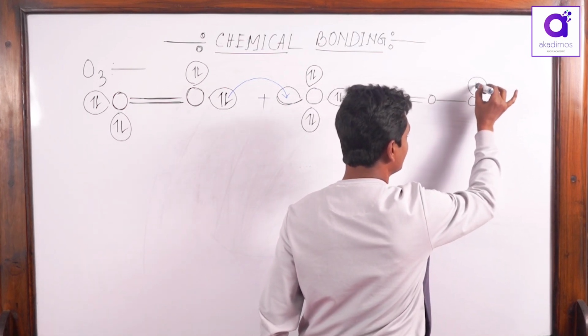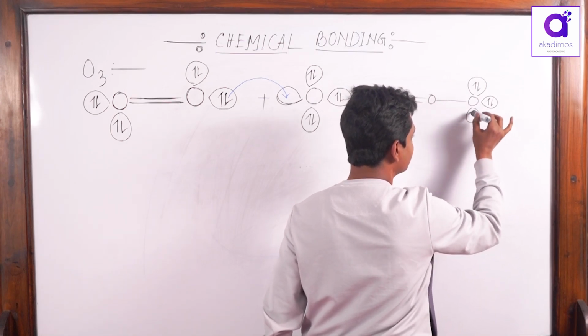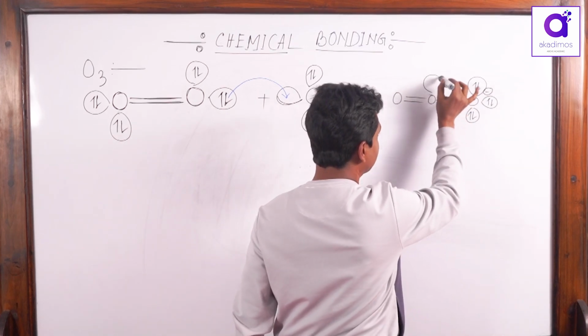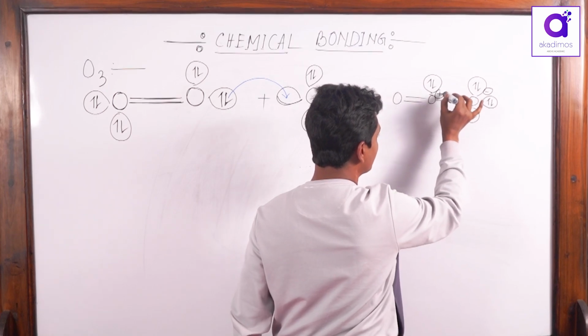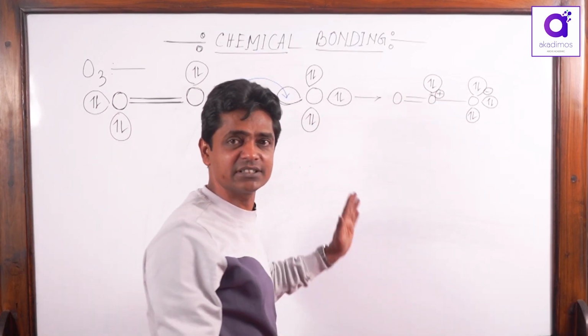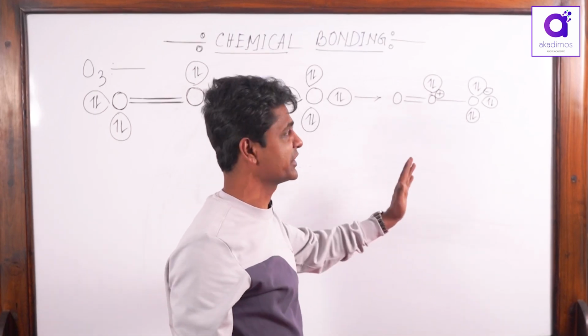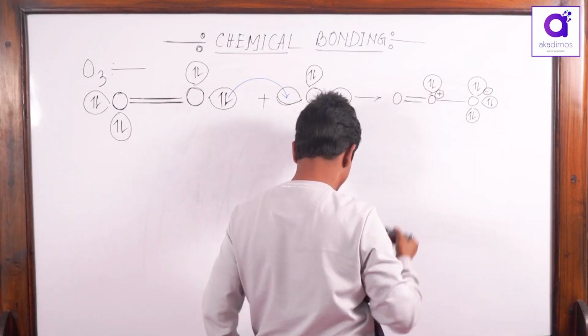Here we get 3 lone pairs of electrons. Since it is the acceptor, we get a formal charge of -1 on this oxygen, and here we get 1 lone pair. This is the donor, with a plus charge. That is my previous concept: donor is +1, acceptor is -1. Now you have the structure of ozone.